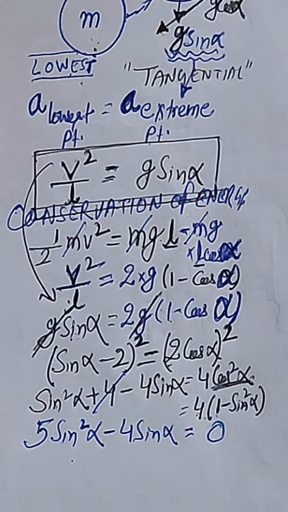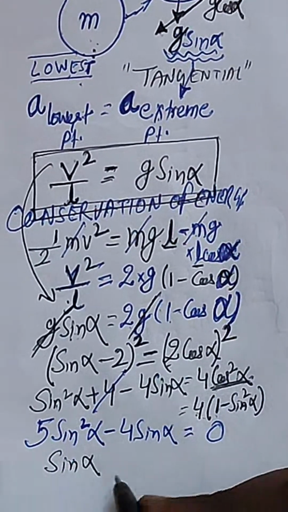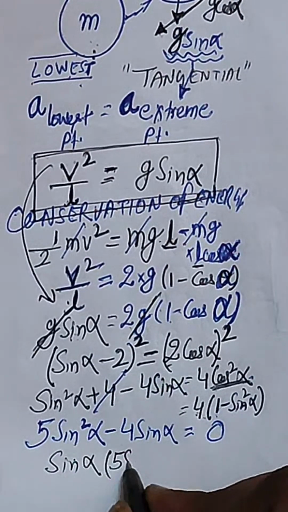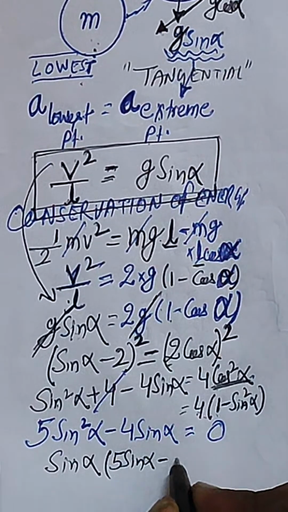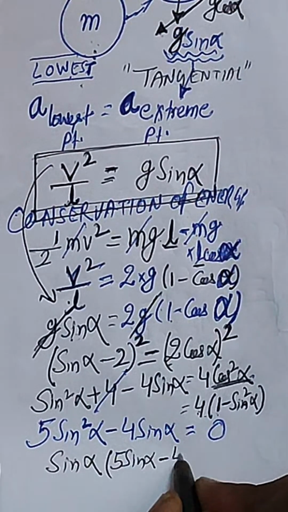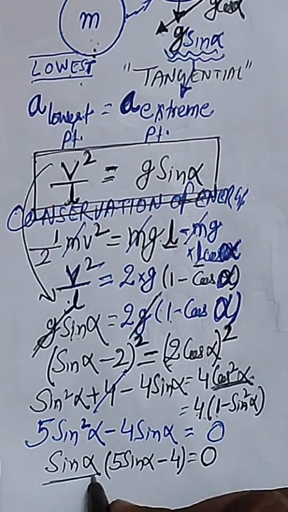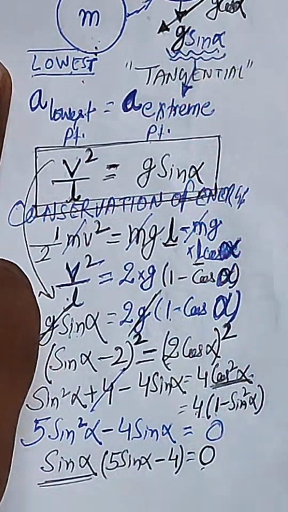Now sin alpha is taken as common, then sin alpha into 5 sin alpha minus 4 equals 0.